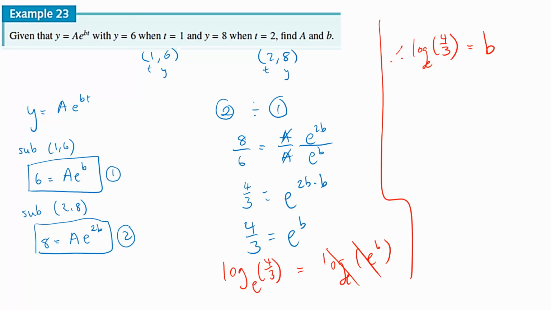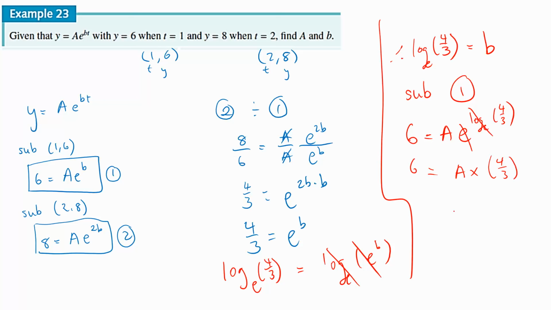So in this case, sub it into 1, just to make it easier for you. 6 equals A times E to the log E of 4 on 3. Again, E to the log E will cancel out because they're inverses. That's why you don't have to worry about the 2. So A times 4 over 3 is equal to 6.